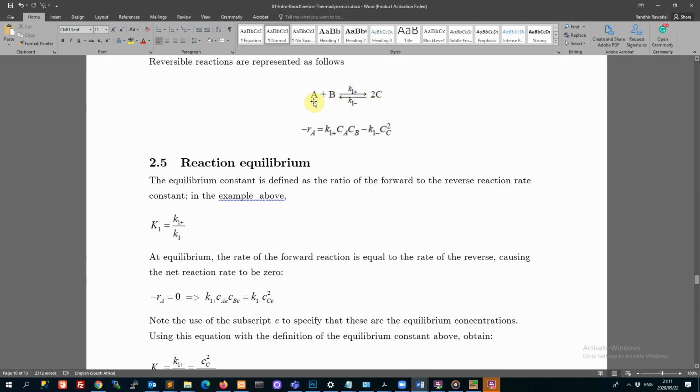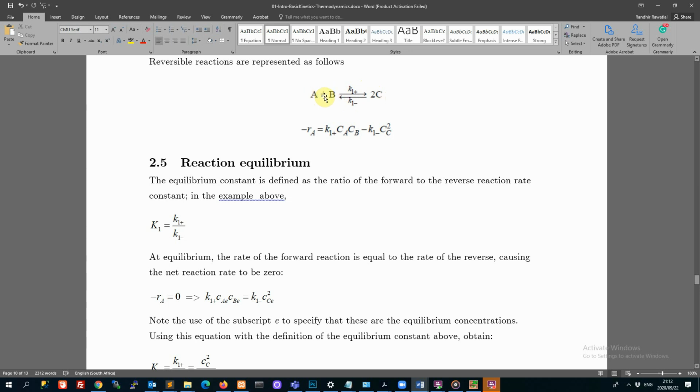There will still be a tendency for the forward reaction of A and B to be faster, and for this to be slower. So these two rates don't always have to be the same, right? When you are not at equilibrium, one of these rates will be higher than the other. So A and B going forward might be faster than C going backwards.